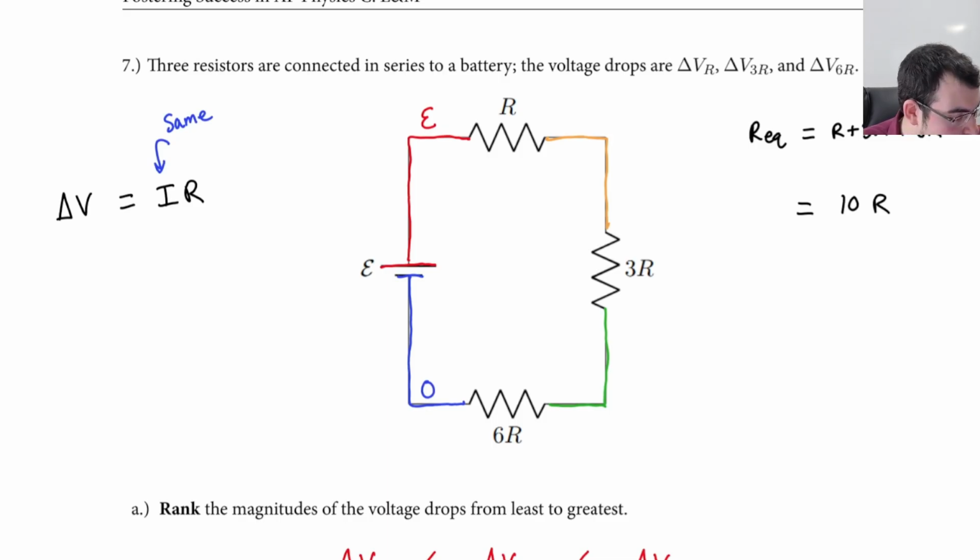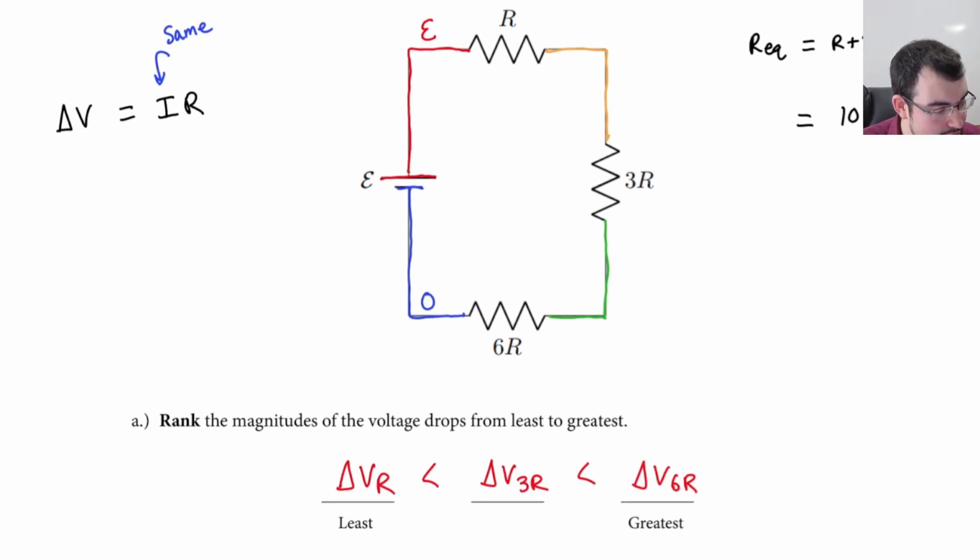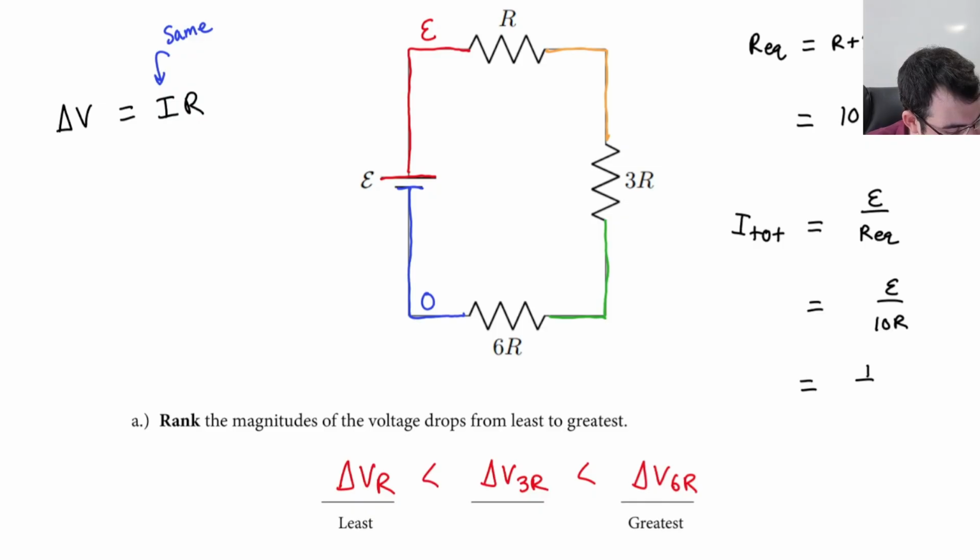Still not super helpful yet, but why do we find REQ? Because REQ unlocks the battery current, which is the same through all resistors. So our total current is just going to be 1/10 times the quantity epsilon over R.